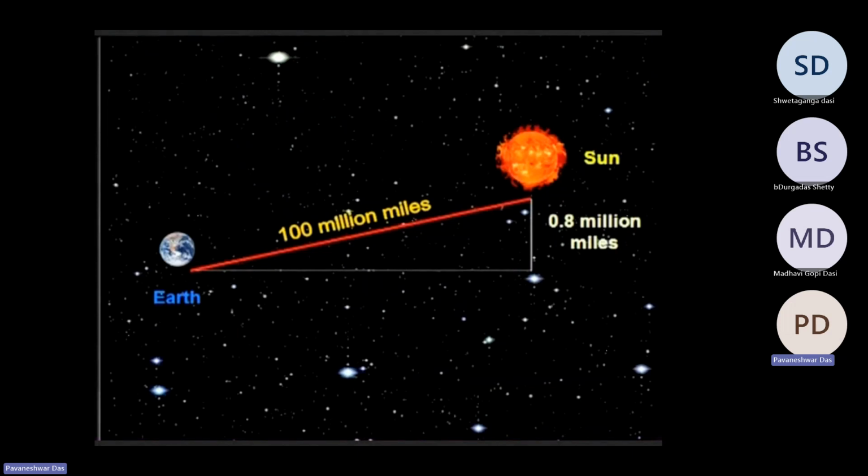Although the Sun is 0.8 million miles above the Earth plane, its horizontal distance from the Earth is much greater. Although varying with the seasons, the mean Earth-Sun distance works out to be approximately 100 million miles.